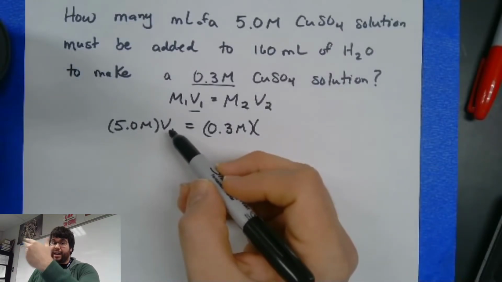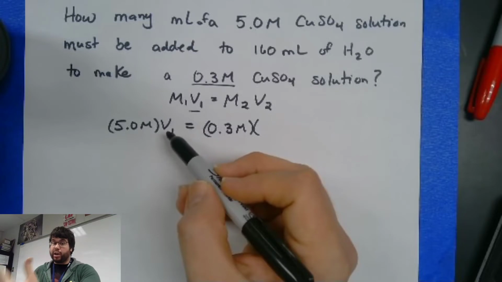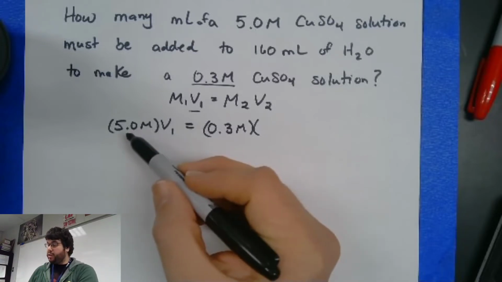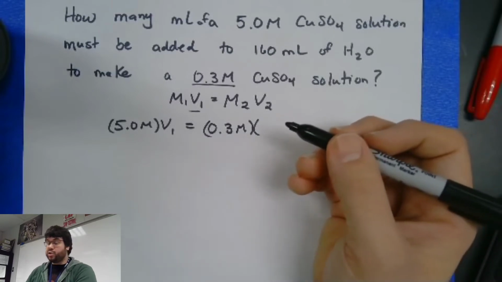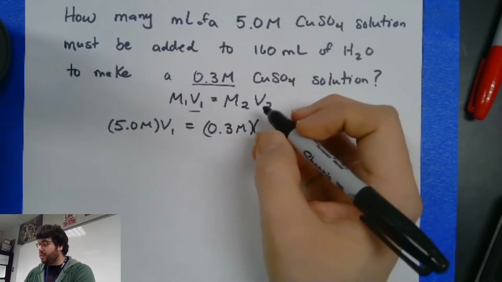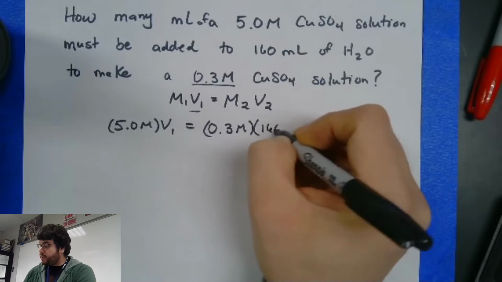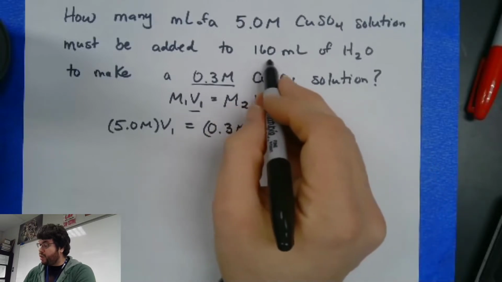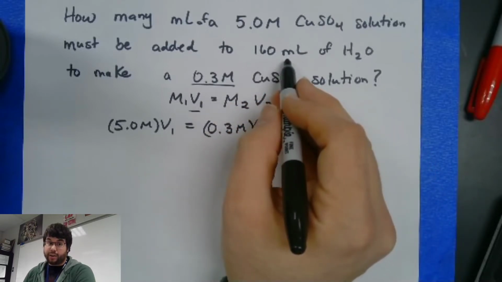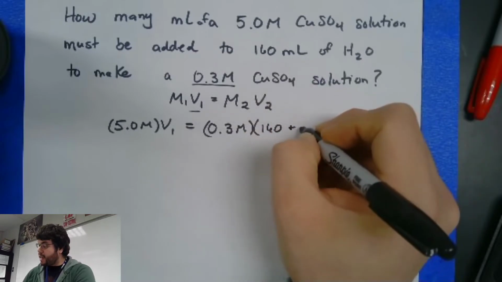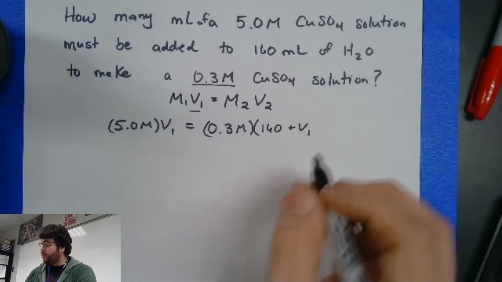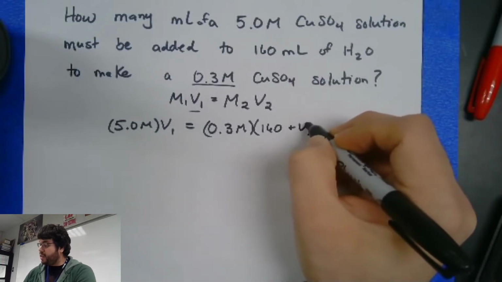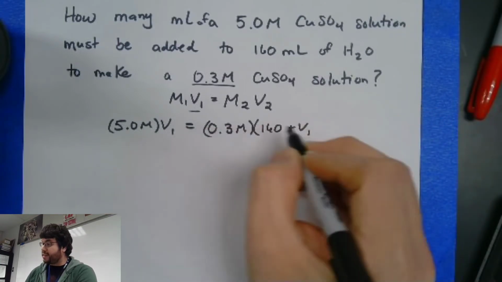So we're going to be adding 160 milliliters and then whatever we need of the original solution to make the diluted solution. So what I'm going to put in here is this. I'm going to put in 160 for that 160 milliliters of water I want to add, and then I'm also going to add in V1. Kind of weird, so this is how much I need of the original solution on both sides of the equation.